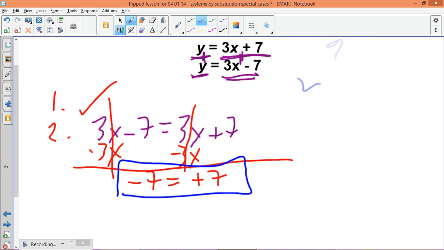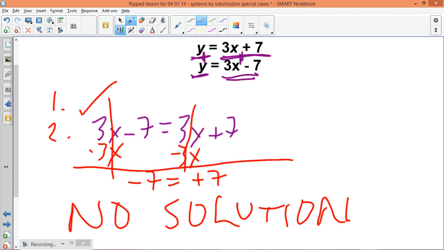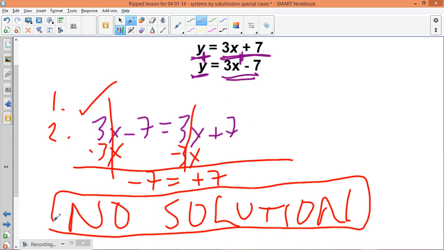So when you get a false statement, negative 7 equals 7, you write no solution. Some of you will remember that we saw this already before when we were solving fancy equations that had no solutions.